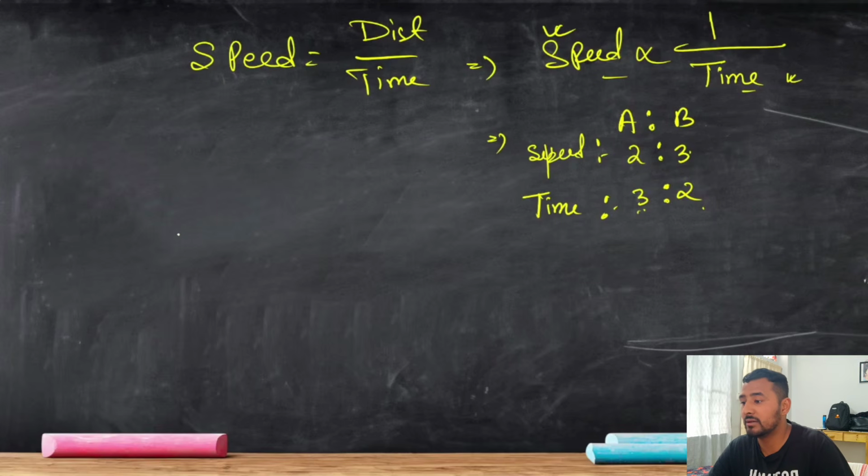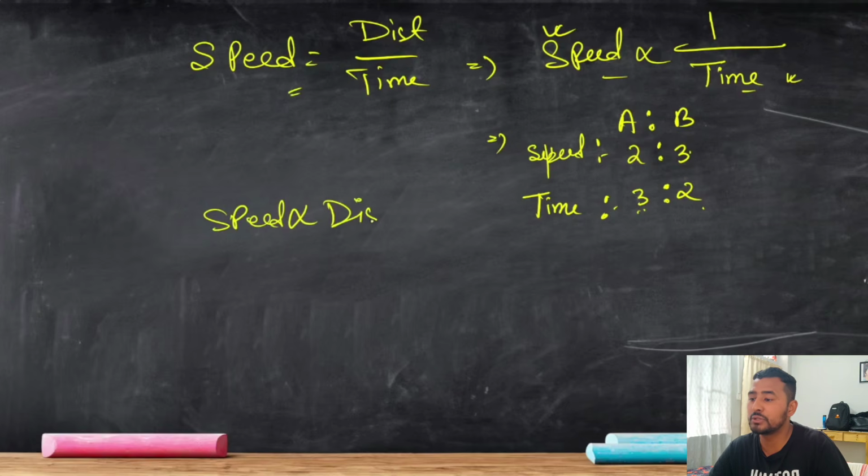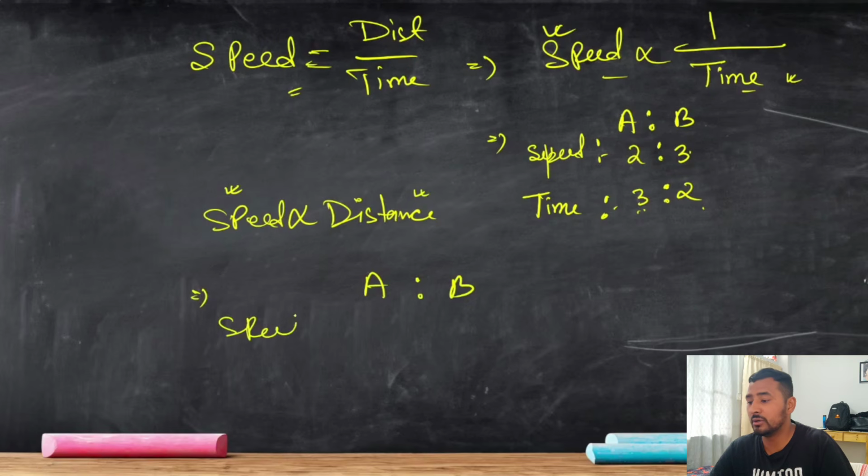One more thing you should understand: if speed is inversely proportional to time, you can also see from this same formula that speed is directly proportional to distance, right? How? You can see speed in the numerator, so it is directly proportional, which means whatever speed you are going, it will cover the same distance. If we take two objects, say A and B, suppose the speed of one object is 3 and the other object is 4 kilometer per hour.